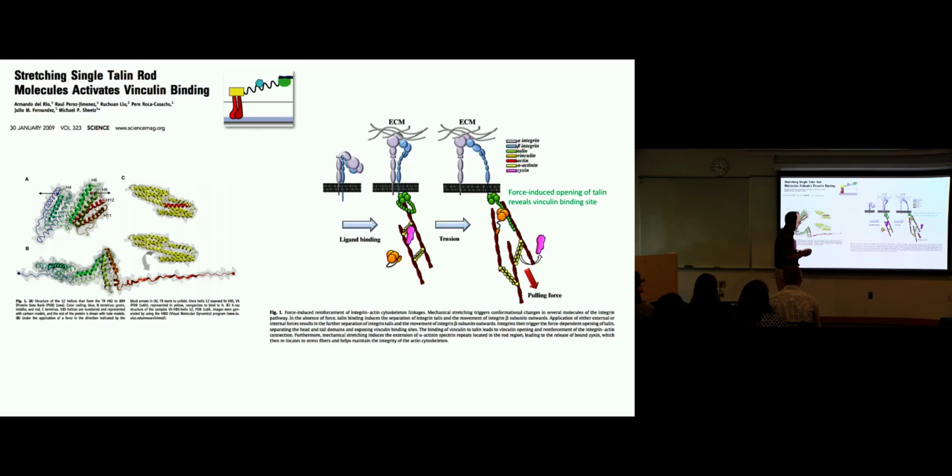And when vinculin binds, it can now cross-link actin filaments, and this binding now affects a protein even further downstream called zyxin, which was binding a protein called alpha-actinin, which now comes off.